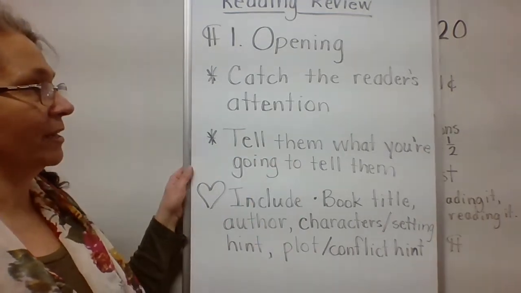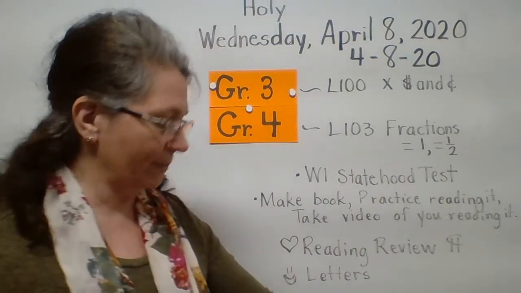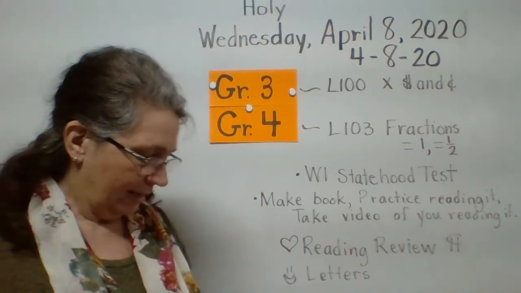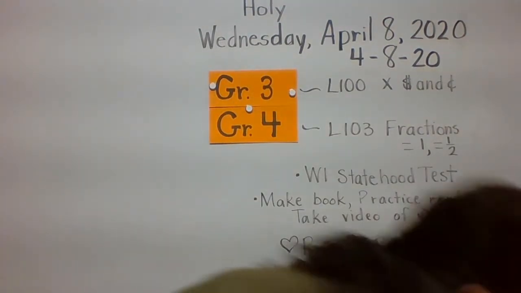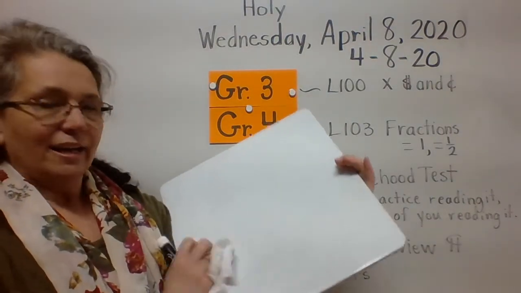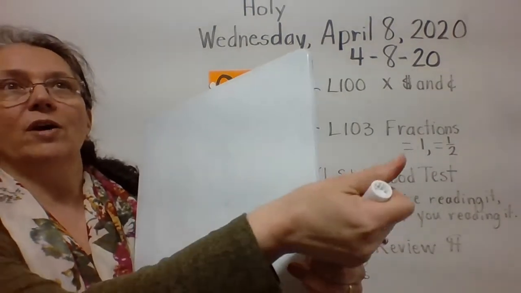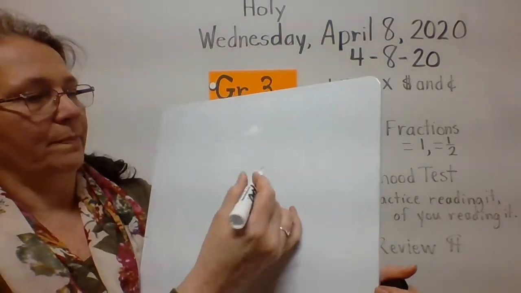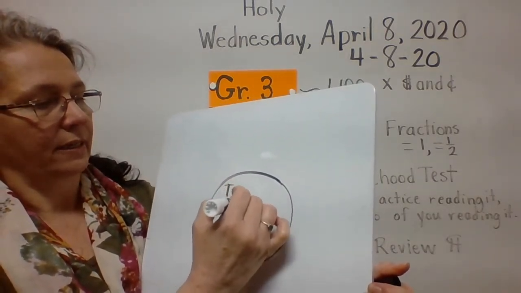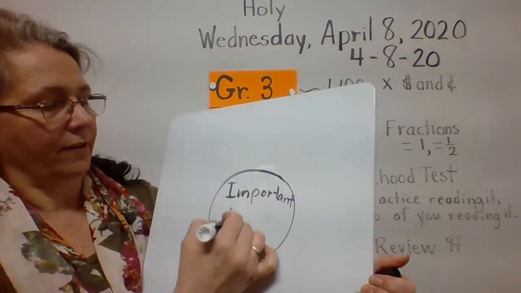Here's something that might help you if you're having trouble deciding what you're going to write about. Let me get a little piece of paper, and I'm back. Here I am. Maybe do a web. So let's say you want to think about important events.